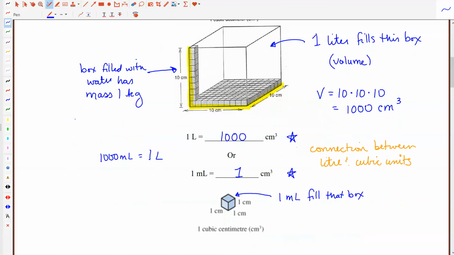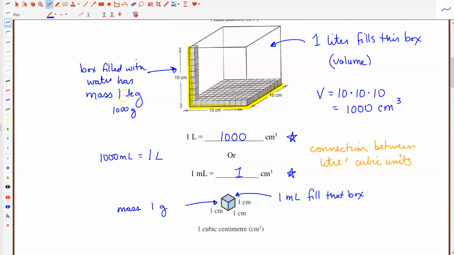So if I have one of the little cubes that make up this big box, a 1 centimeter by 1 centimeter by 1 centimeter cube, 1 milliliter would fill that box, but that box also has a mass of 1 gram. Because in this box up here, which had a mass of 1 kilogram, kilo, there are going to be 1,000 grams in 1 kilogram.